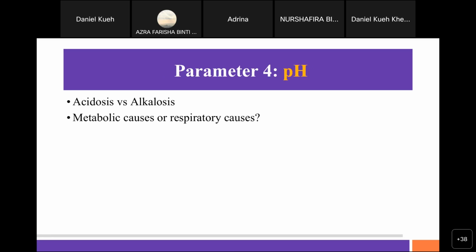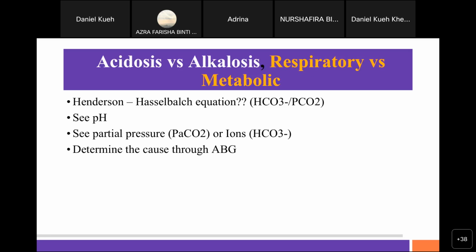So now, the fourth parameter, which is the pH. Using the pH, you know that below 7.35 is acidosis and above 7.45 is alkalosis. And from here, it's your job to decide if it's a metabolic cause or respiratory cause. Remember the Henderson-Hasselbalch equation: you don't have to really know that, but you have to know this bicarbonate over carbon dioxide.